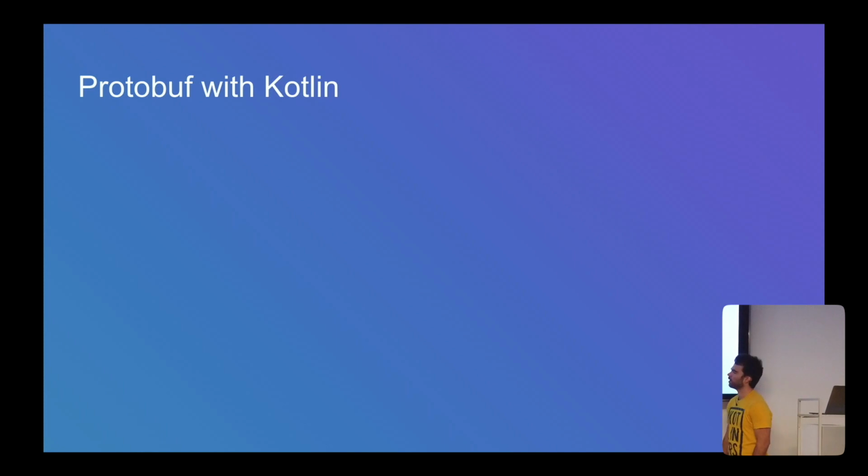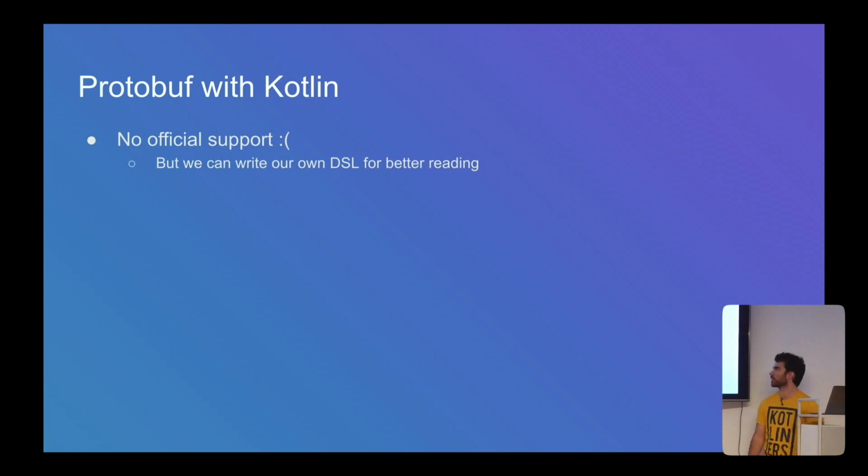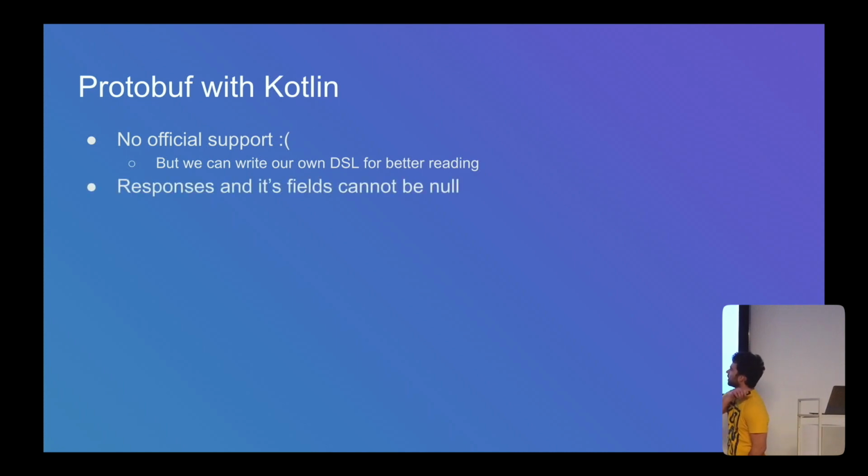So how can we use it with Kotlin? The sad answer is no official support. The unofficial answer is use Java. But of course, we can write some DSL to make it more readable. It has a nice feature, at least in the latest Proto 3 version, that fields and responses cannot be null.